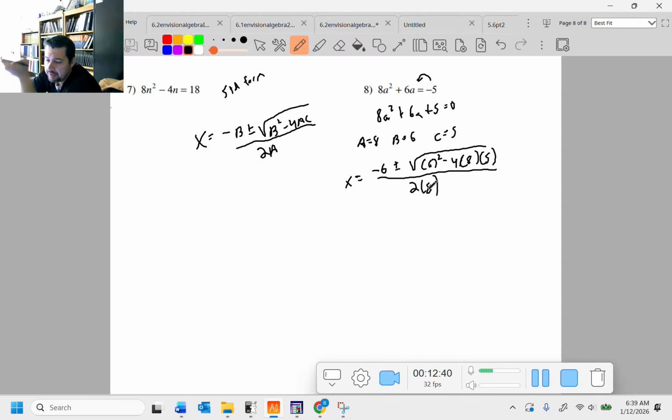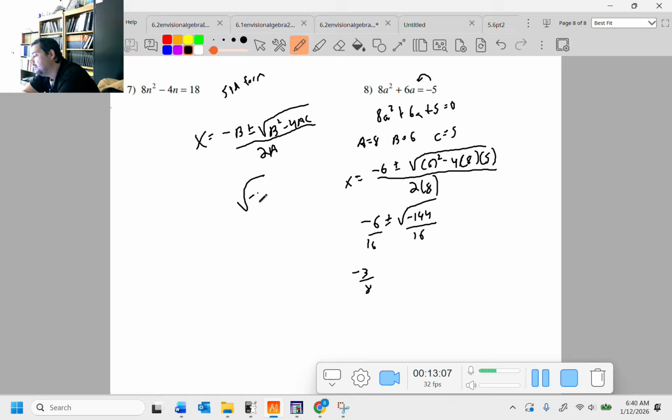And then we do some math. Now this one's going to be imaginary. 6 squared is 36, and then you're taking away 160, which is negative 144. This is negative 6 plus or minus the square root of negative 144, both pieces sitting over 16. Now negative 6 over 16, both divisible by 2, that's negative 3/8.